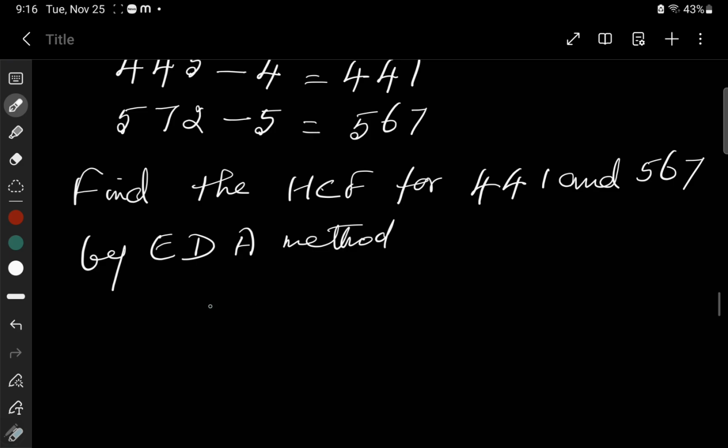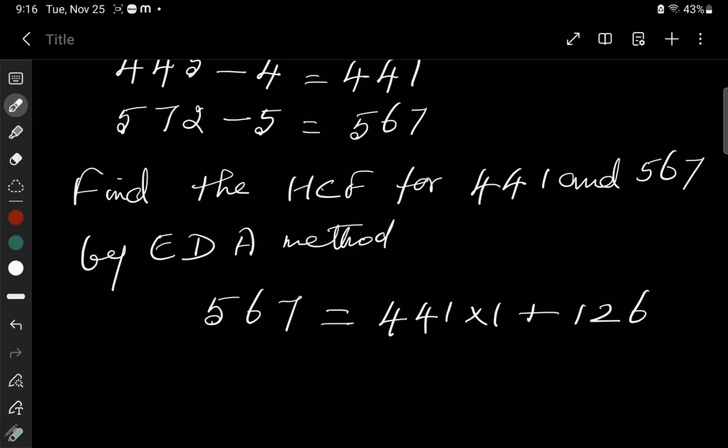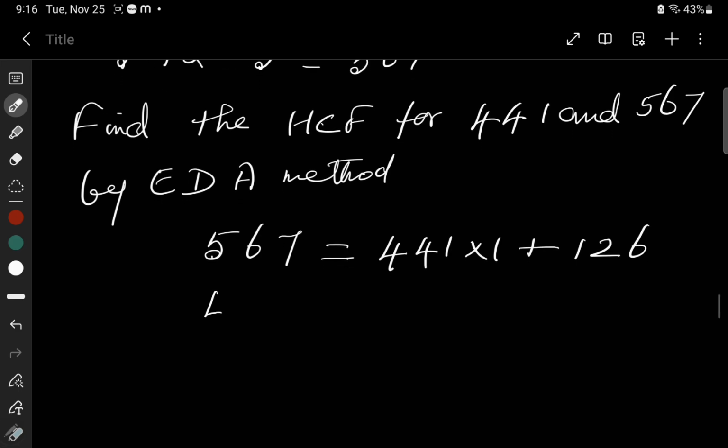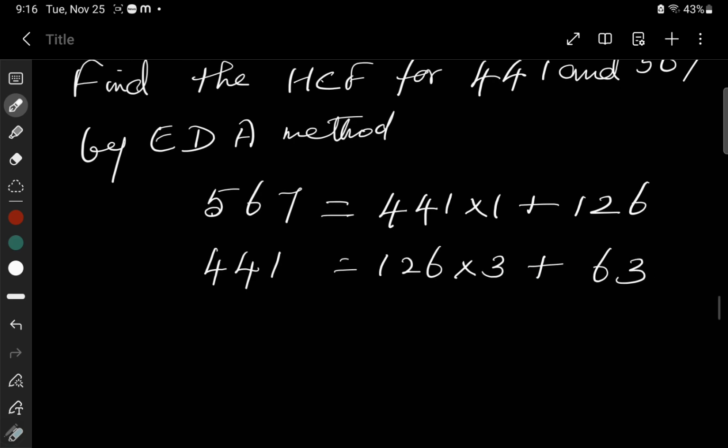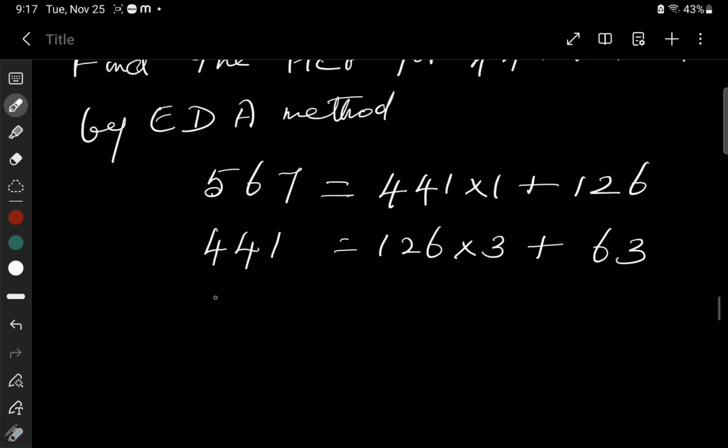Here the greater number is 567. I divide this by 441. It goes one time, remainder 126. Now take 441, divide by 126. It goes 3 times and leaves the remainder 63. Now you take 126, divide by 63.